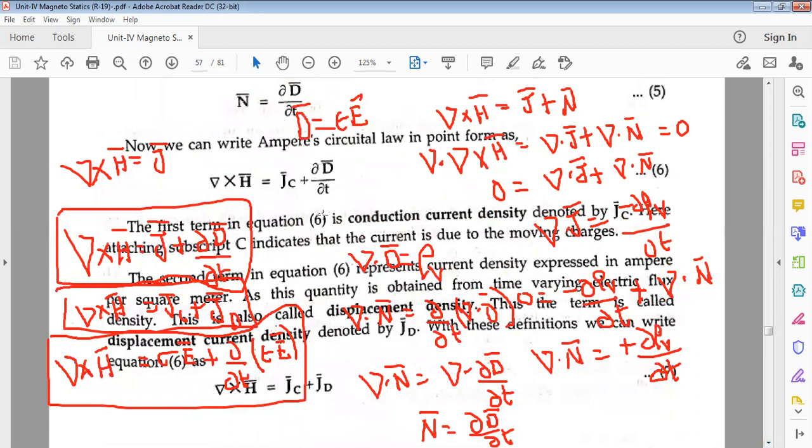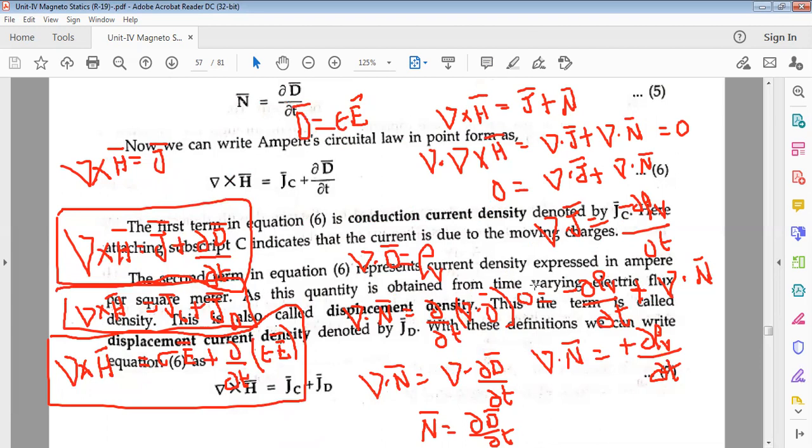The first term in the equation is conduction current density, denoted as JC bar. Attaching the subscript C indicates that the current is due to moving charges. The second term represents the current density expressed in amperes per square meter.